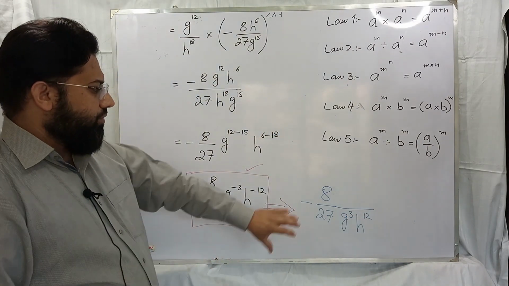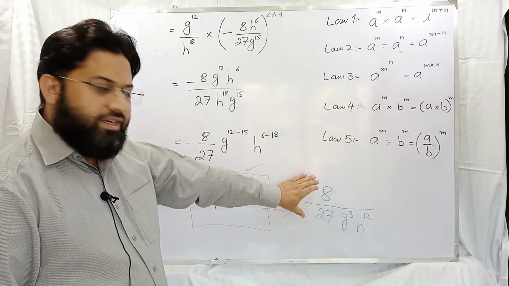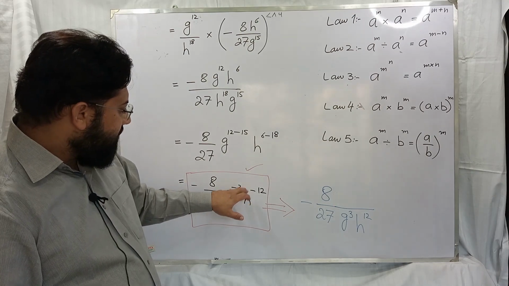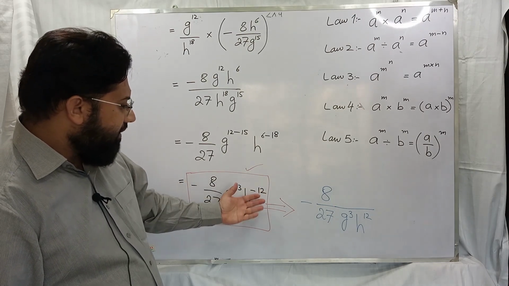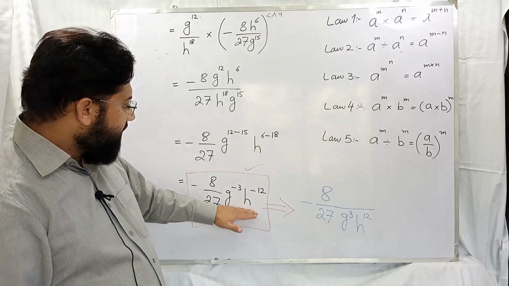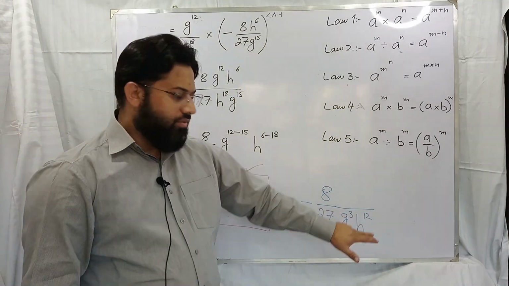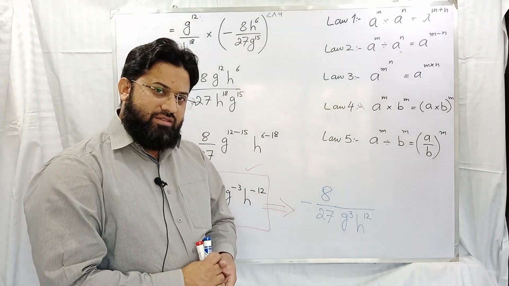If you want to write the answer in positive index, then you will write these g to the power 3 and h to the power 12 in the denominator. They were in the numerator, they were negative. So if you shift them to the denominator, both will have positive indices.